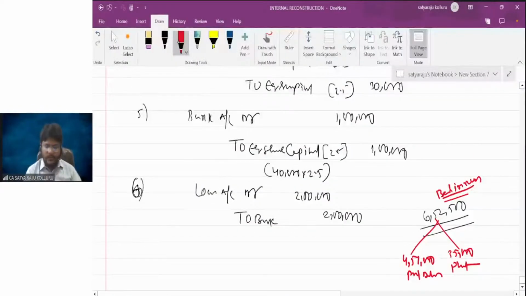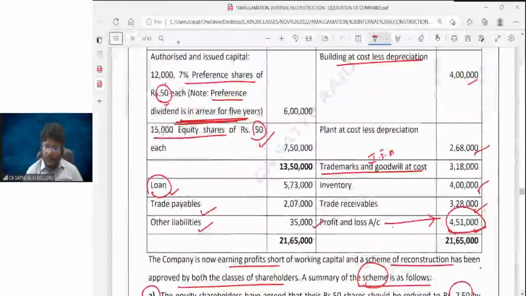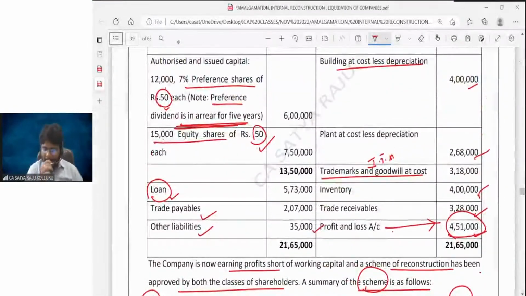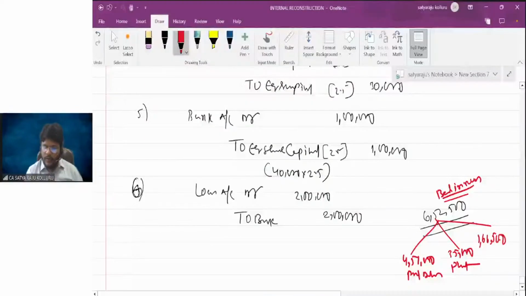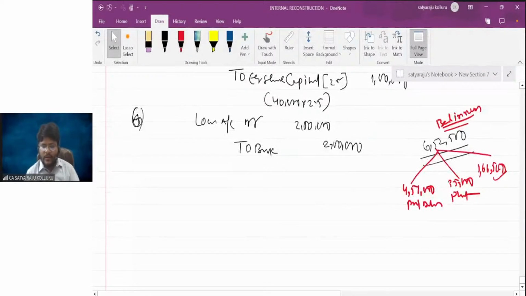Remaining balance is how much? 6,52,500 minus 4,51,000 minus 35,000. That is remaining for trademarks and goodwill. You can utilize 1,66,500. What is the book value of trademarks and goodwill? So book value is 3,18,000. But out of 3,18,000, you are able to set off 1,66,500 only.